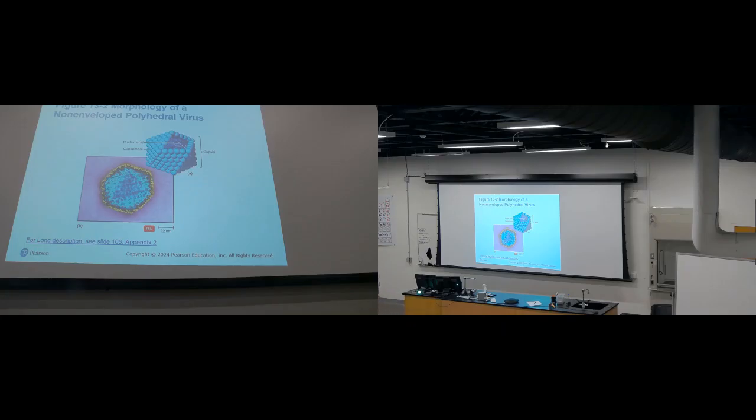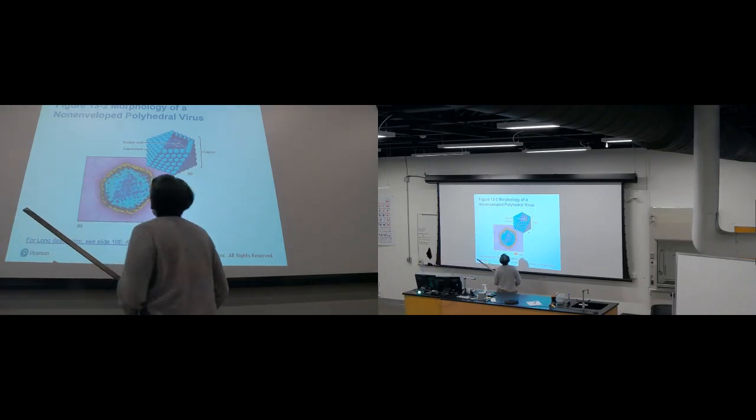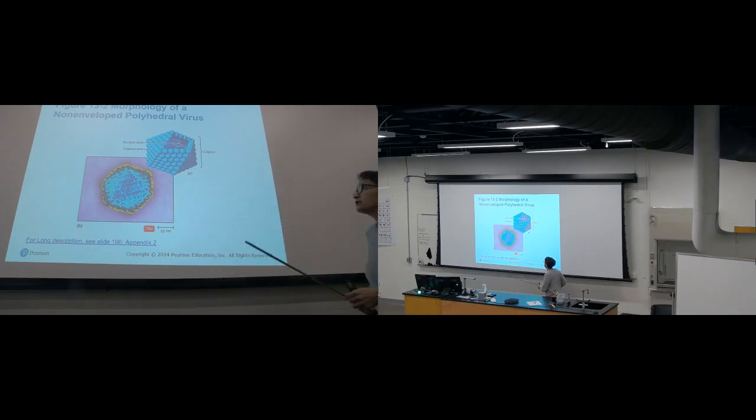So here we have the shape, the morphology of a non-enveloped polyhedral virus. Polyhedral refers to having around 12 or more facets, or angles, I guess, in a geometrical shape.